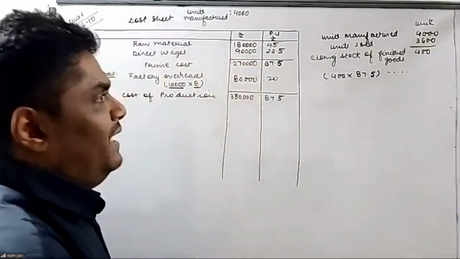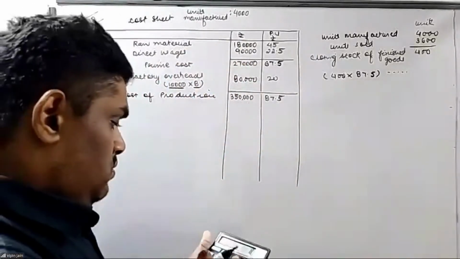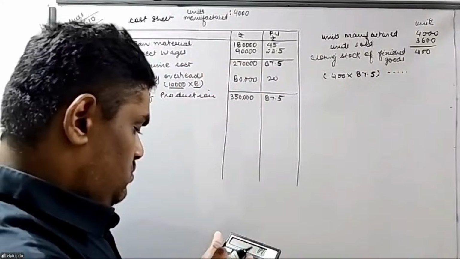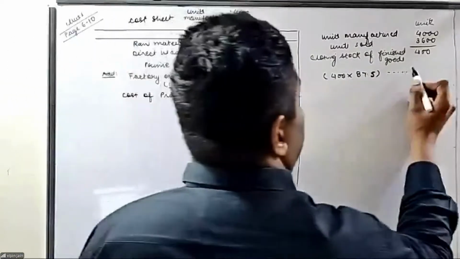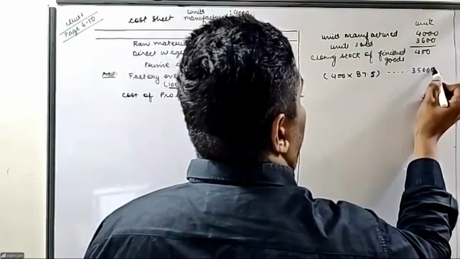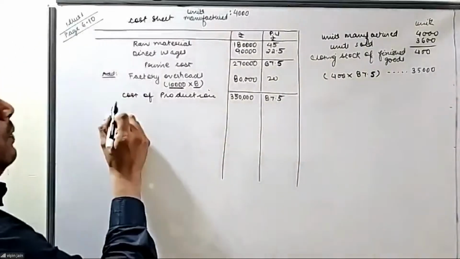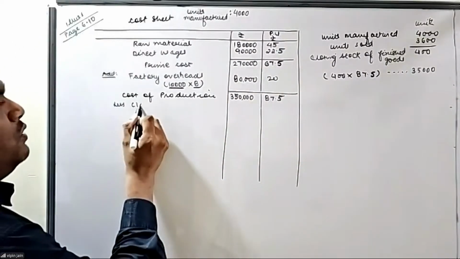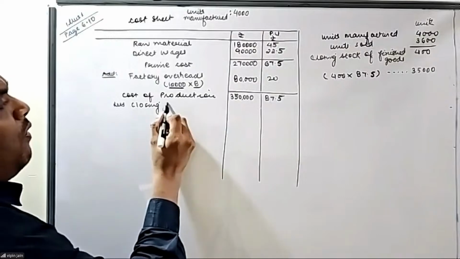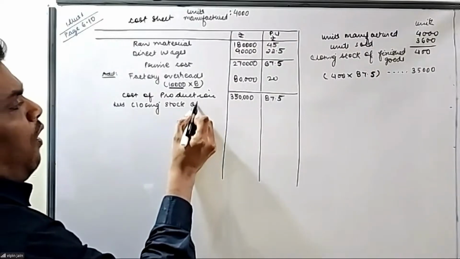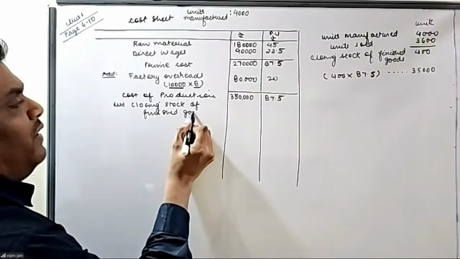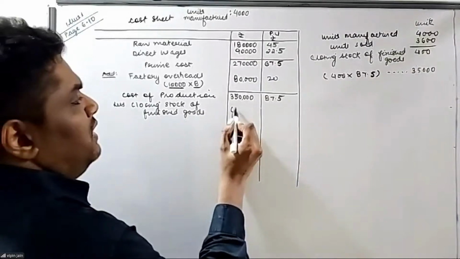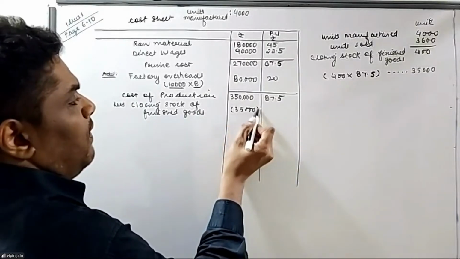So what will be the value? 35,000. So add opening stock is not there, but less closing stock of finished goods, that is 35,000.